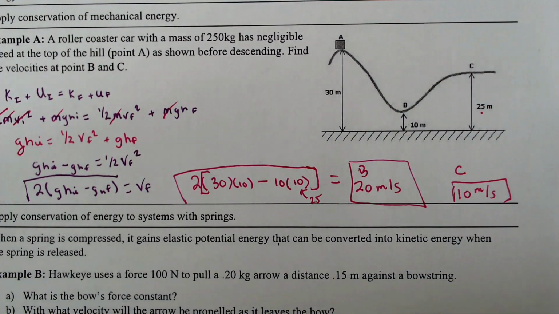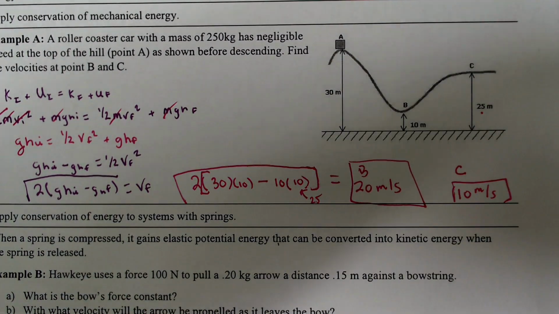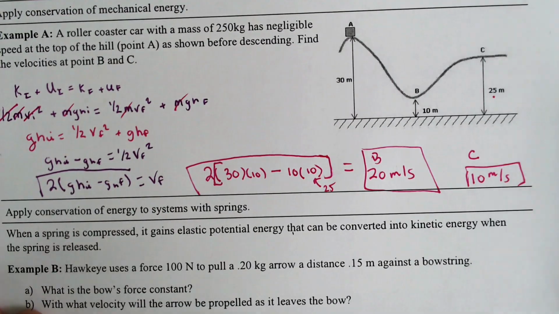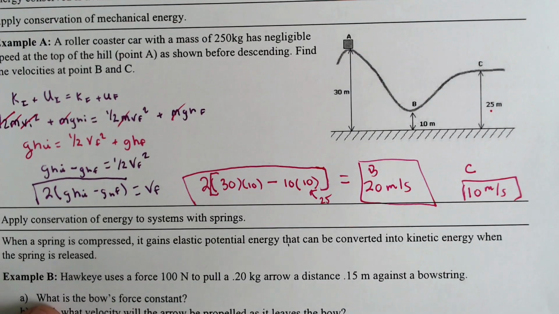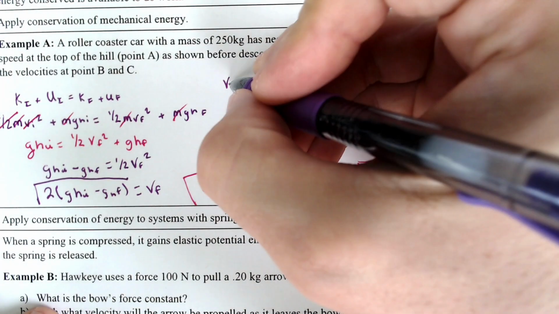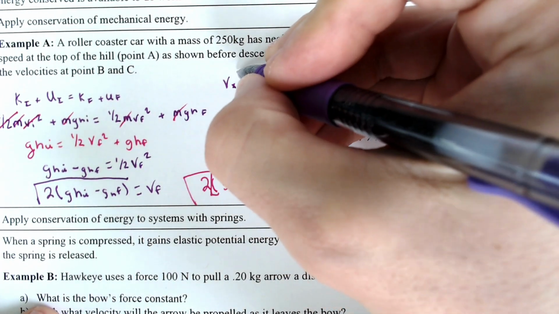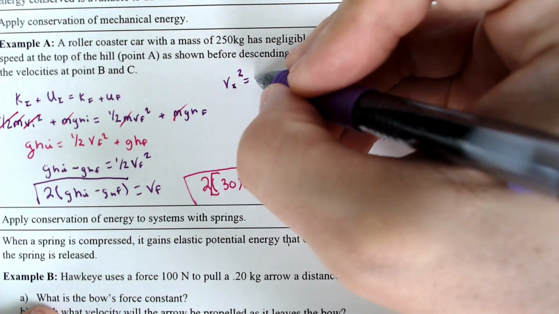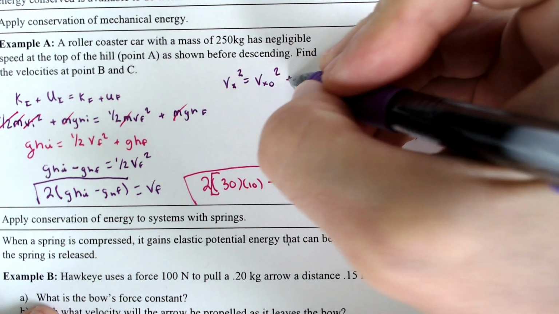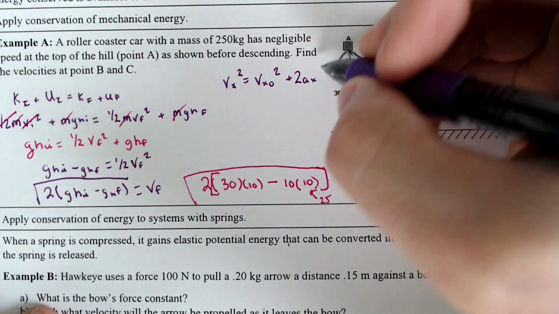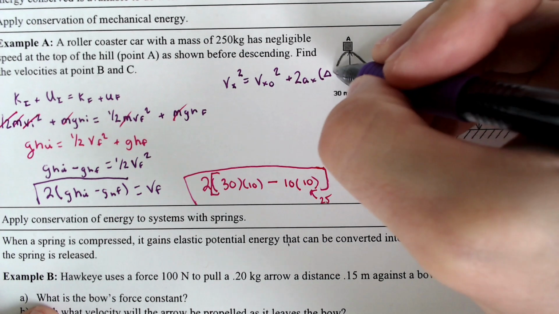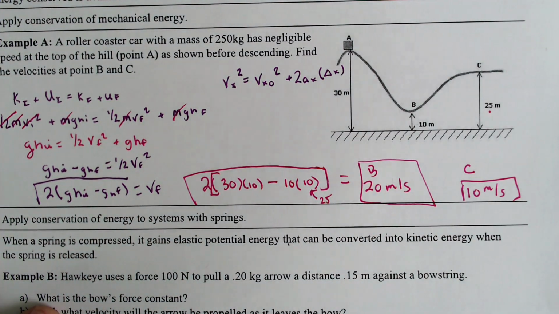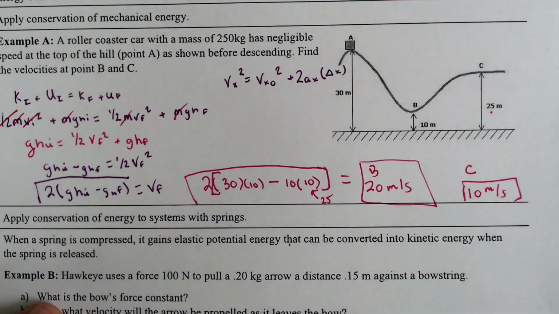Just to prove that this could be done with kinematics, there's a kinematic equation for AP Physics that says v_x squared would equal v_x0 squared plus 2 a_x times delta x. It's actually x minus x sub 0 on the formula sheet.